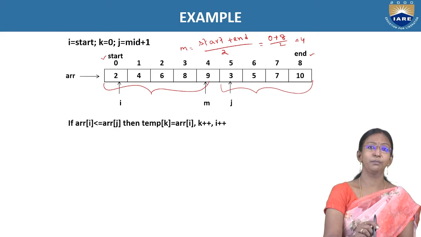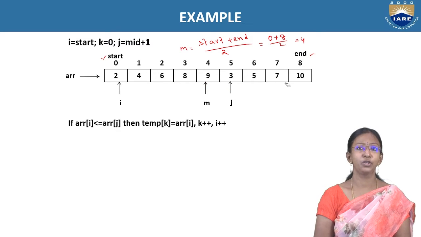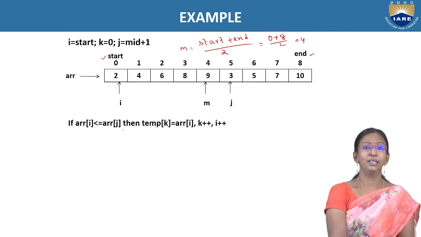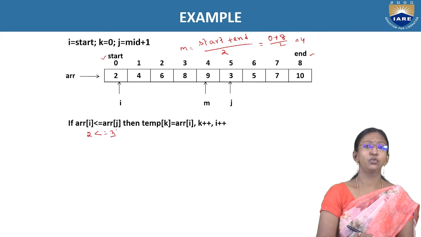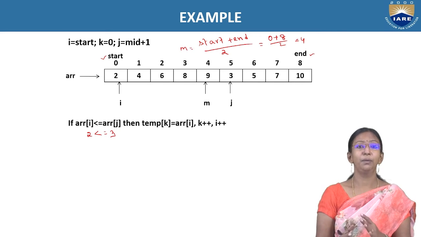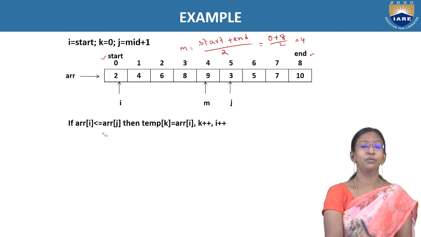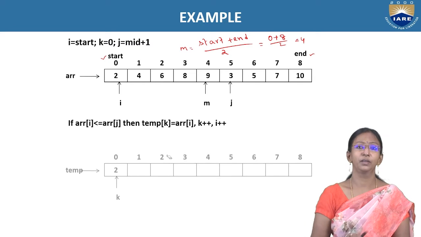So have a look at the picture. i is pointing to 2, whereas j is pointing to 3. You can clearly see that as 2 is less than 3, the element pointed to by i has the lesser value. Move that value to the temporary list, right?